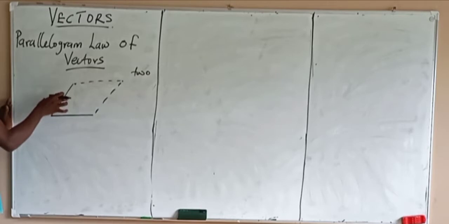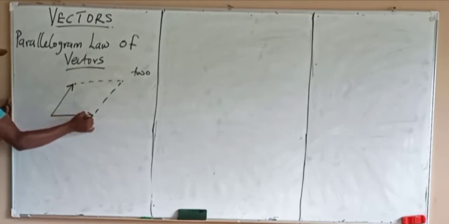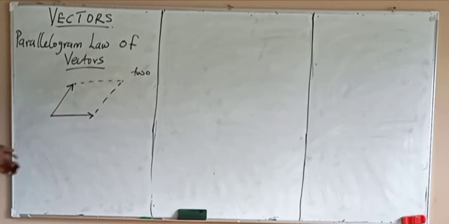Remember the length of the line denotes the magnitude, and the direction is shown by an arrowhead. When I say two vectors, this and this, they represent the magnitude and direction, and both of them are going away from their starting point along the two adjacent sides.